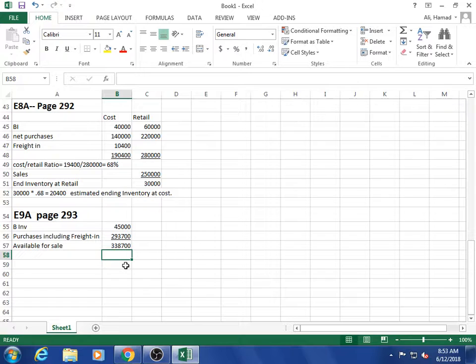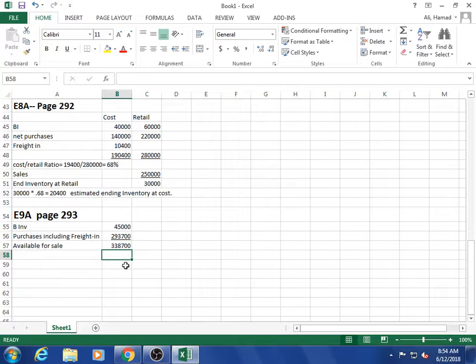Let's take a look at these numbers for a second. For the year until the date of the fire, Patel's company had sales of $450,000, and purchases of this much, freight in was that much, and beginning inventory. Patel always priced his goods to achieve a gross margin of 40%.